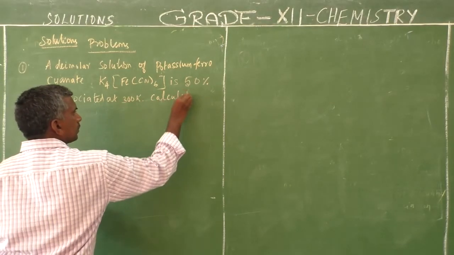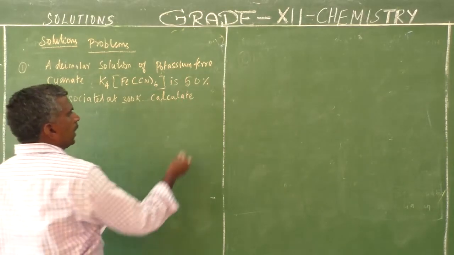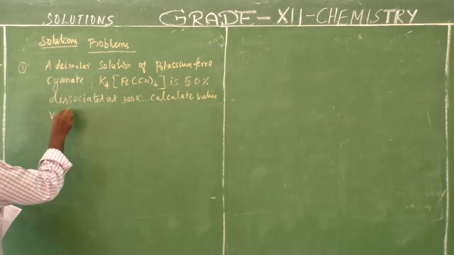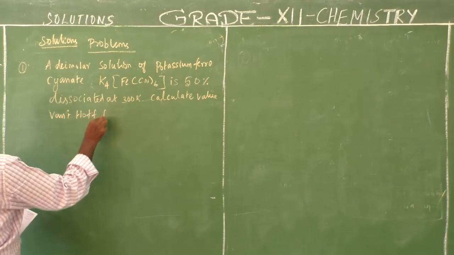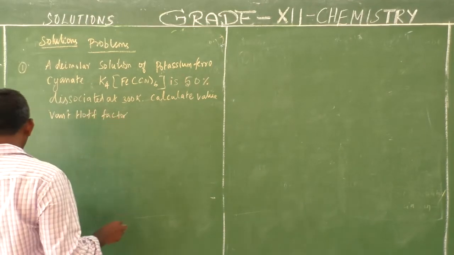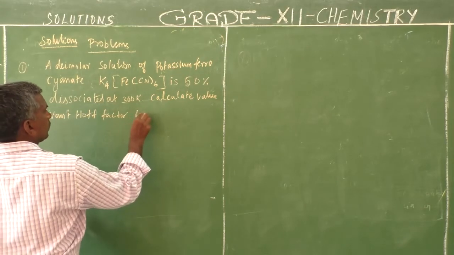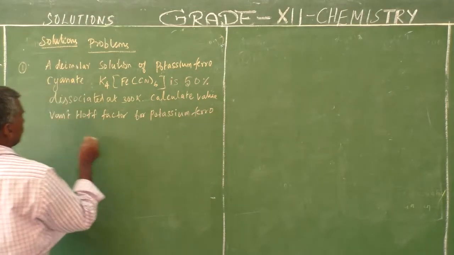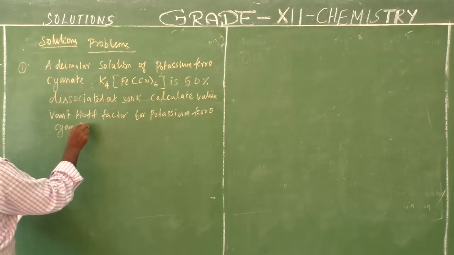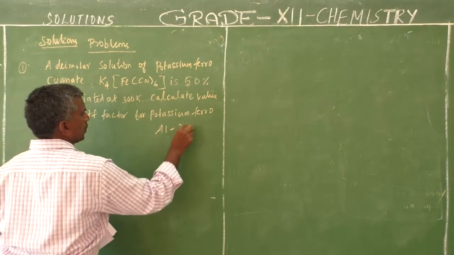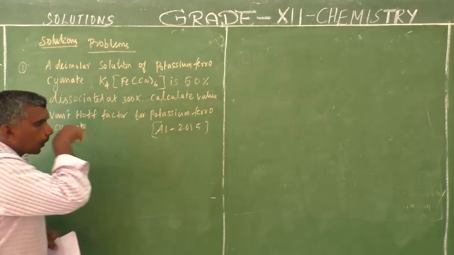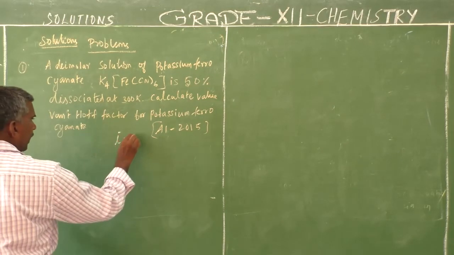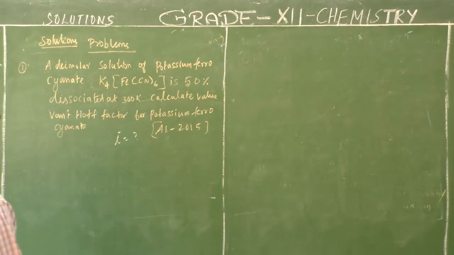Calculate the van't Hoff factor for potassium ferrocyanide. They wrote 2015. What is the question? Find the I value.